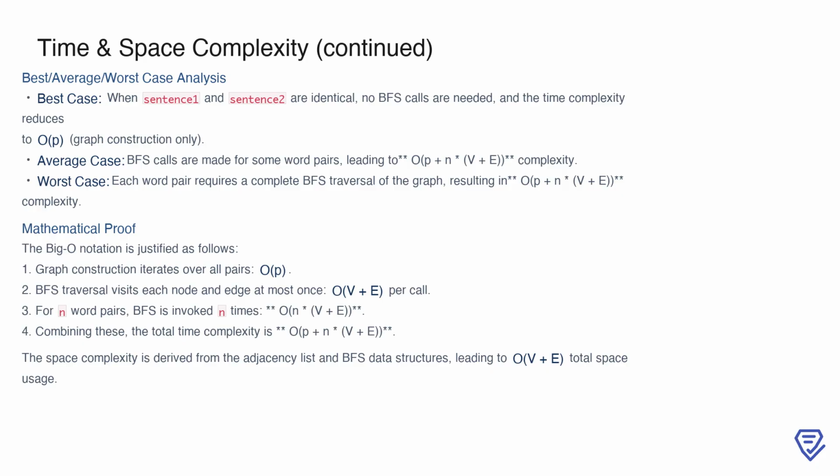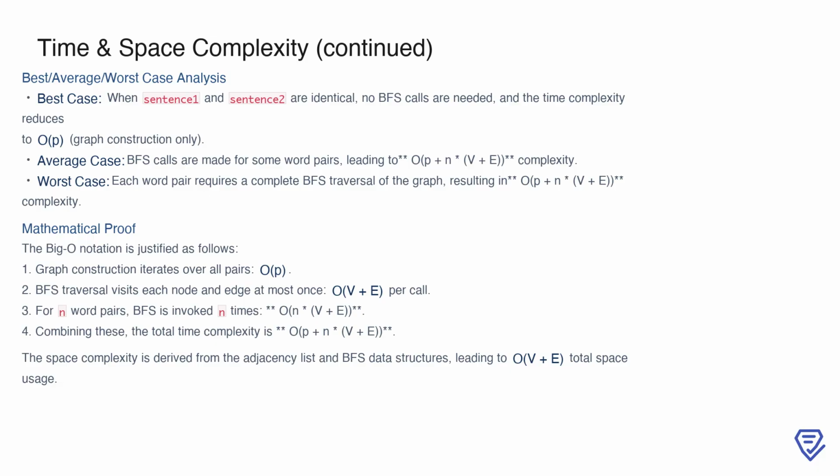Each BFS traversal visits every node and edge at most once, which is O(V plus E). Since BFS is invoked n times for n word pairs, the total contribution is O(N * (V plus E)). Combining these, the total time complexity is O(P plus N * (V plus E)). The space complexity follows from storing the adjacency list and using BFS data structures, leading to O(V plus E) overall.